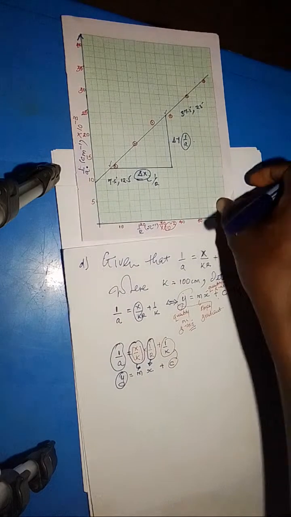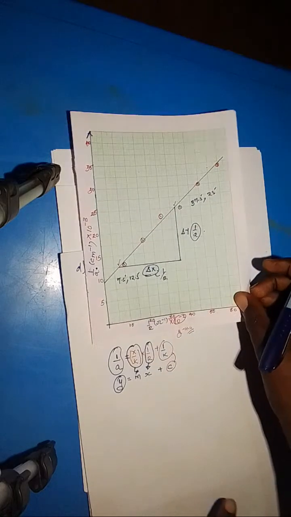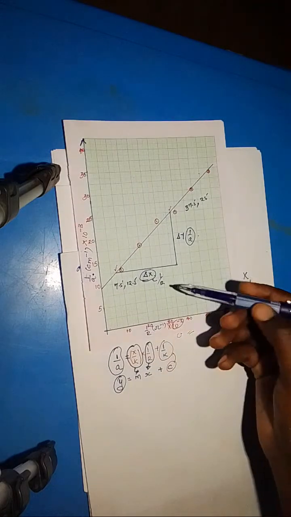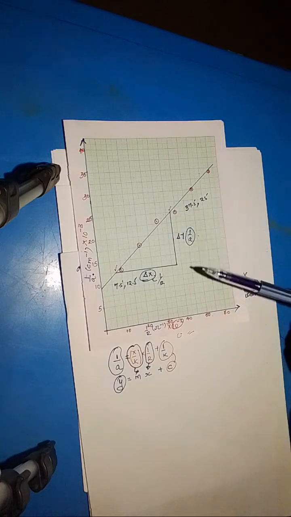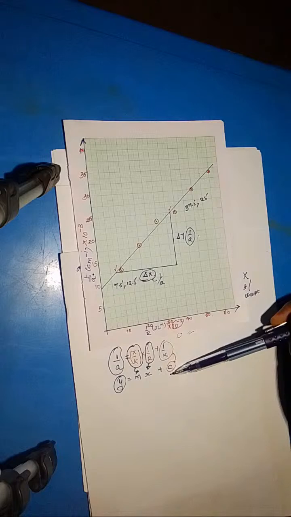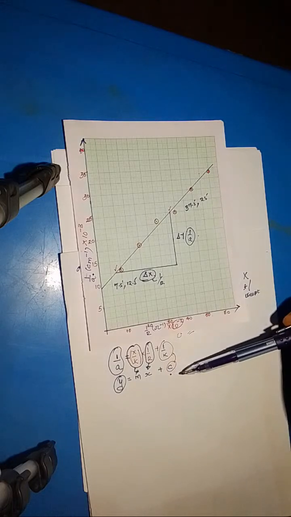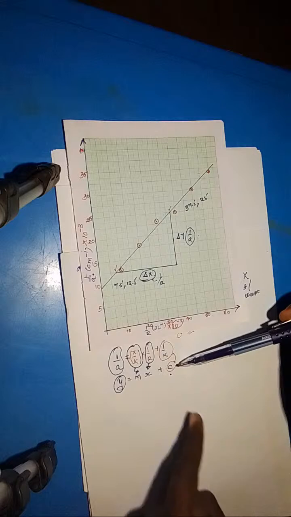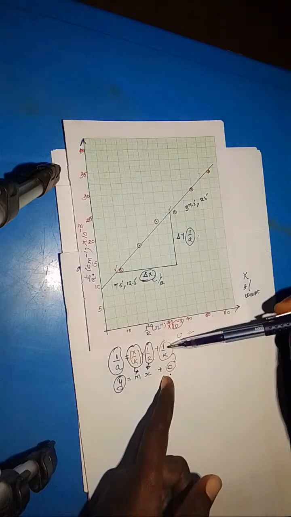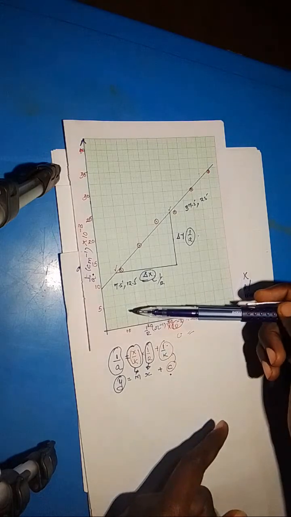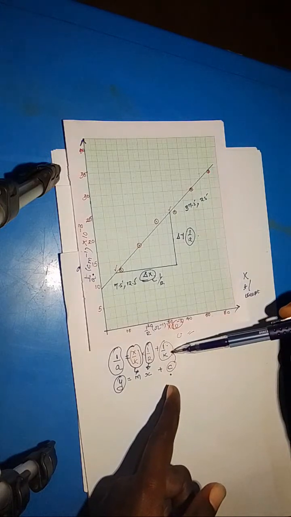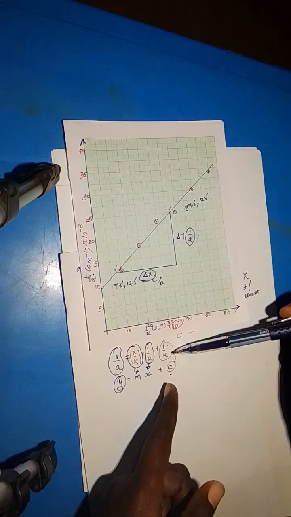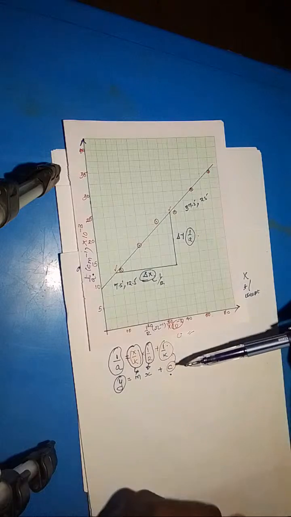If you look at our graph, straightforward, it has met all these things from the equation of a straight line. Why? It is having a constant 1 over k. And I think I should add what is the meaning of 1 over k.